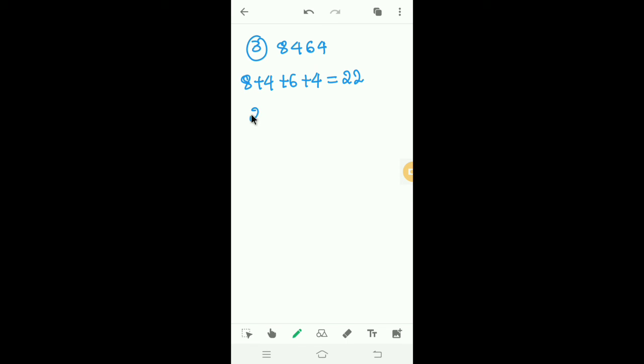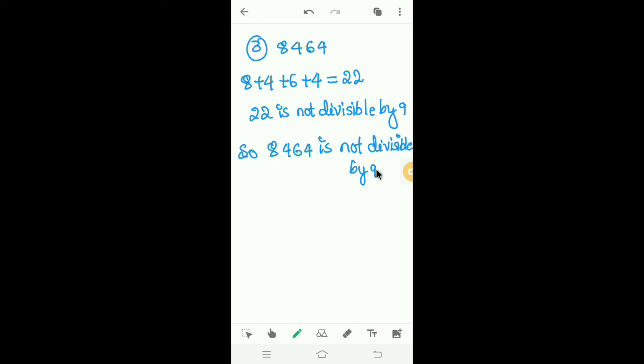No. 22 is not divisible by 9. So 8464 is not divisible by 9. So what is the rule? A number is divisible by 9 if the sum of its digits is divisible by 9.